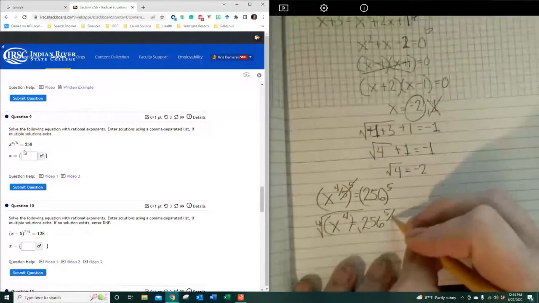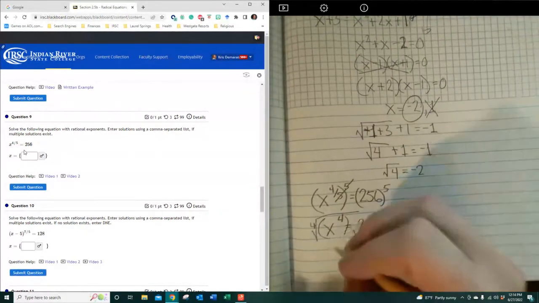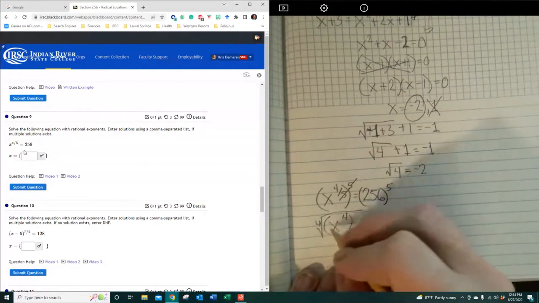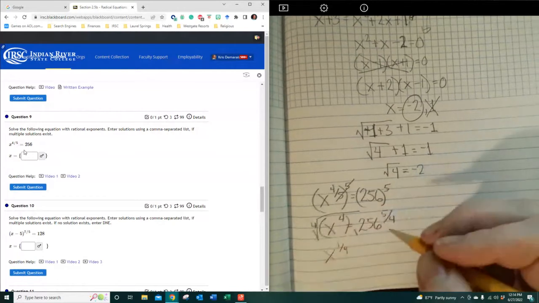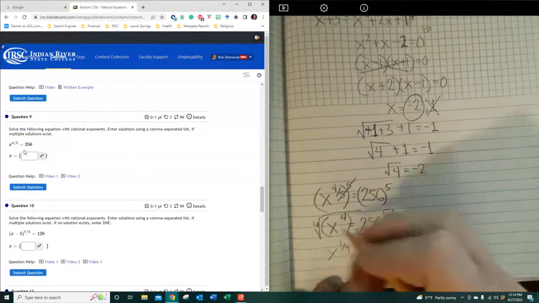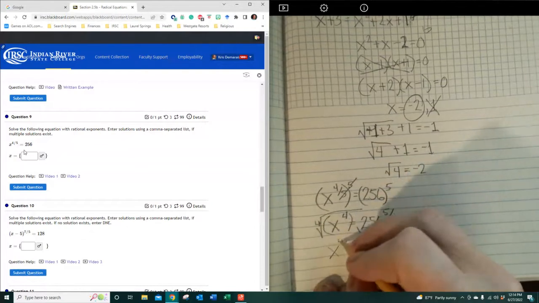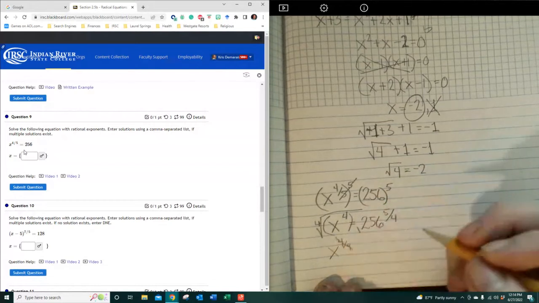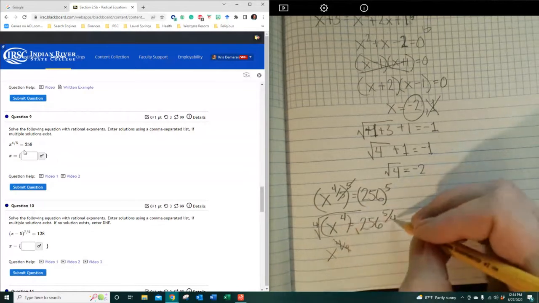Now, one thing you need to understand is that the 4th root is really the 1/4 power. So that's just another way of writing it. When you do that to something that's raised to the 4th power, that power then becomes the numerator, and this becomes 1.